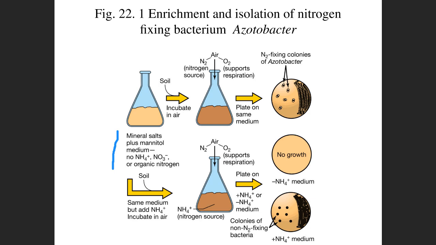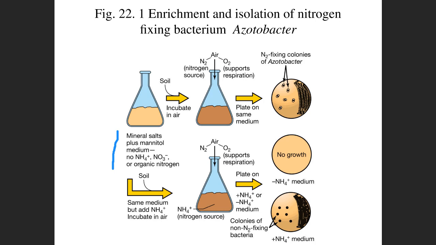So in this condition, what bacteria will be able to grow? You did not provide the nitrogen. And we know bacteria and all living organisms require nitrogen, right? Because of amino acids. If you don't have fixed nitrogen, then you cannot produce amino acids.